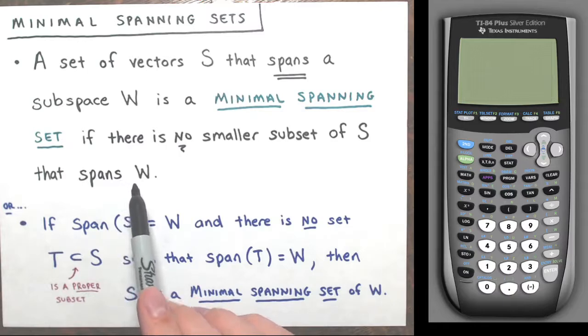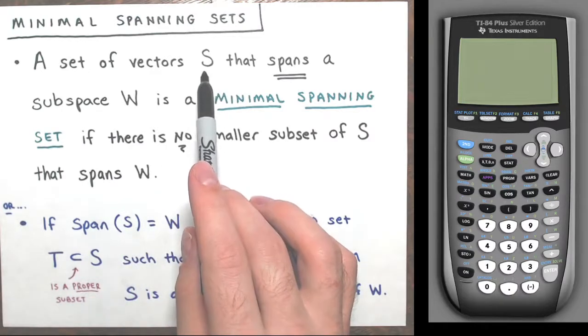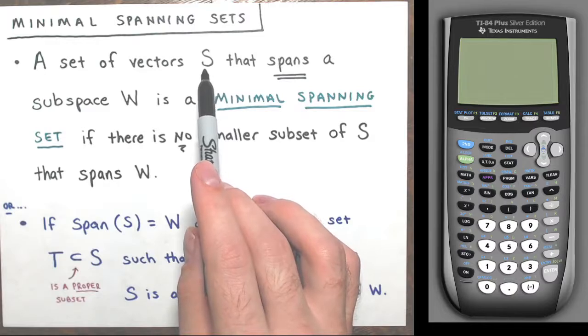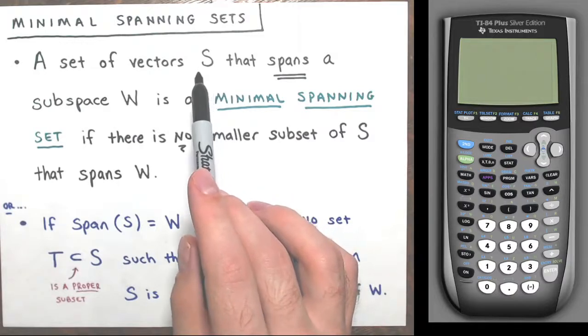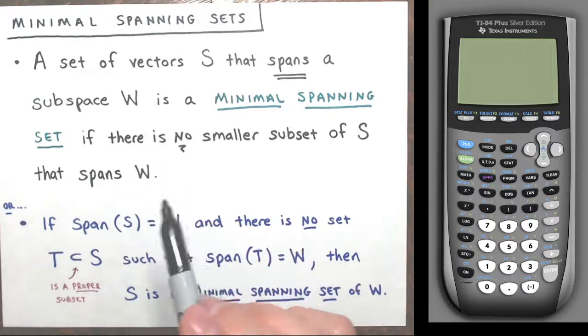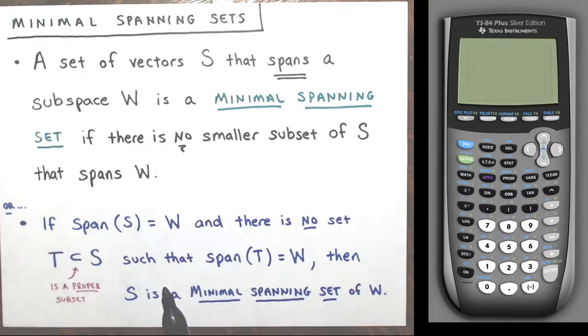So that means, is this the smallest number of vectors whose linear combinations make up W? Or could I find a smaller set of vectors such that W is made up of all the linear combinations of those?